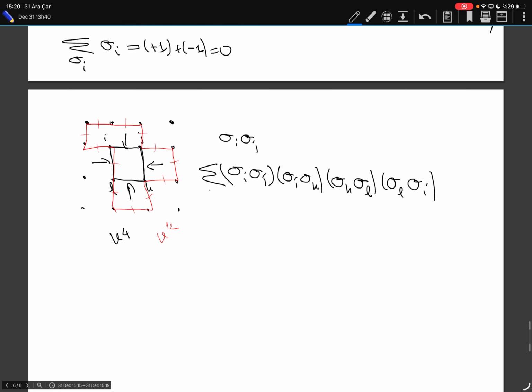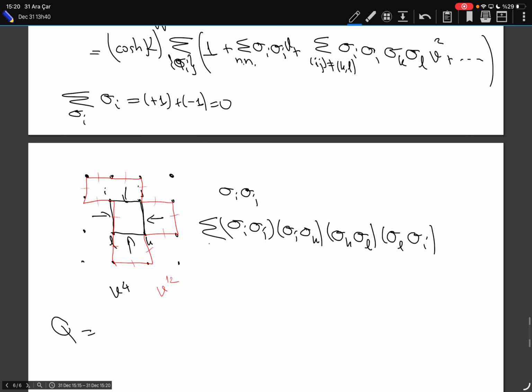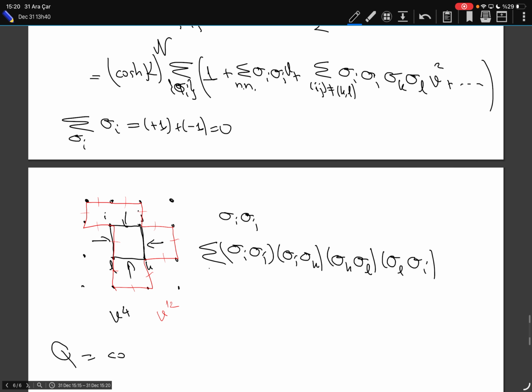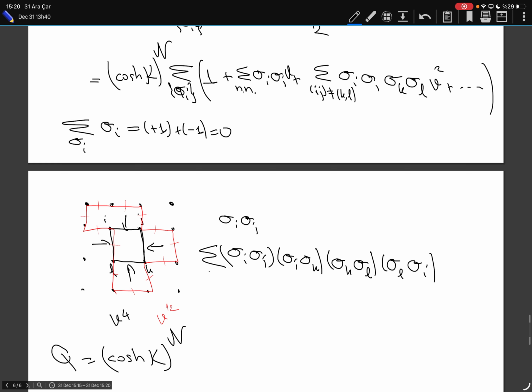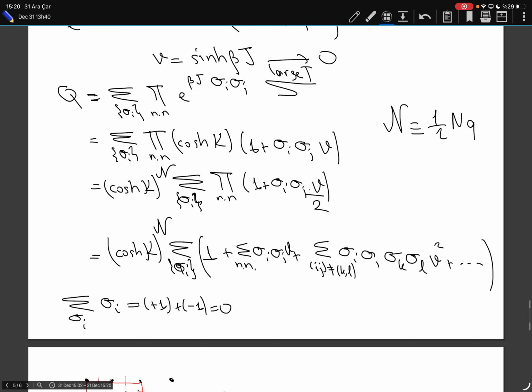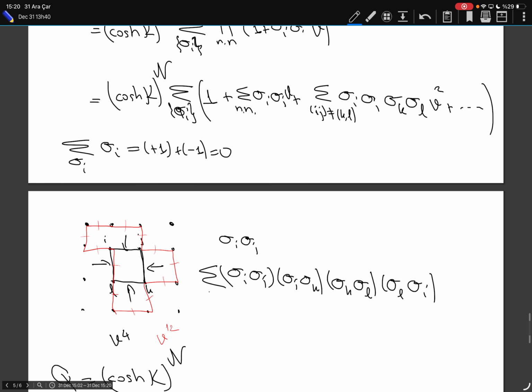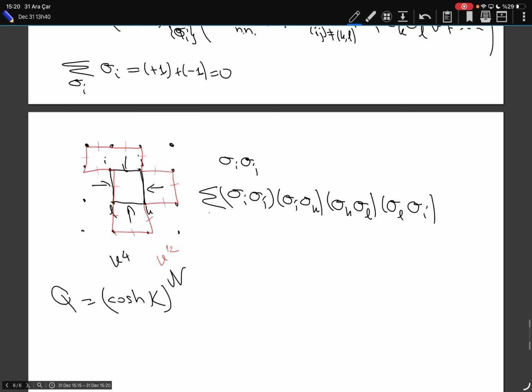So we have Z is equal to cosh K to the N, no, sorry, cosh K to the N times 1 plus v divided by 2 to the power 4, plus higher order terms.